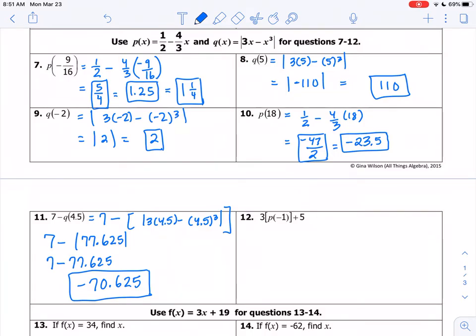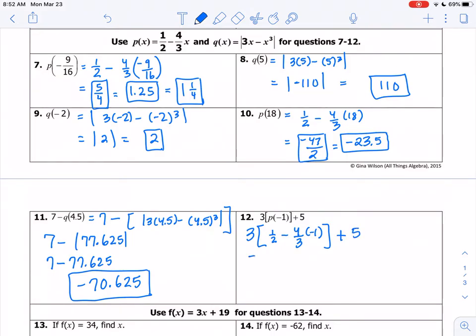All right. Number 12, 3 times P of negative 1 plus 5. So 3 times, and if I plug in negative 1 in the P function, and then I'm going to add 5 to it.